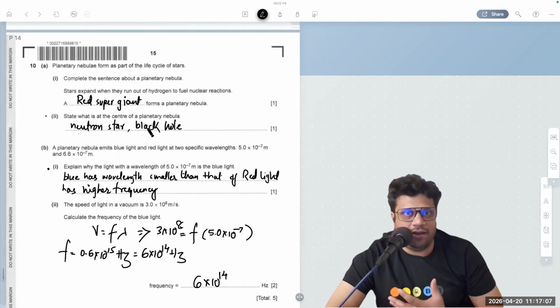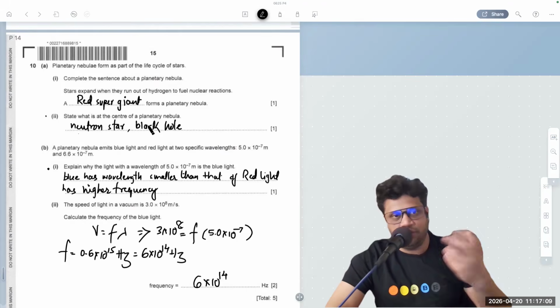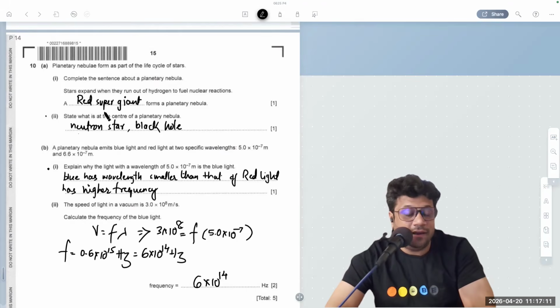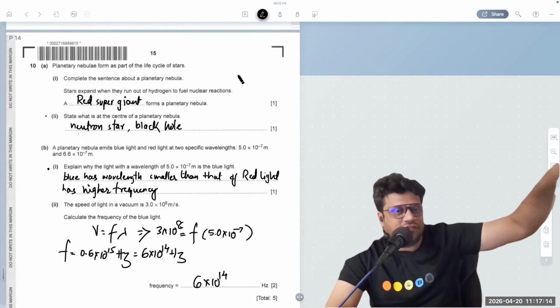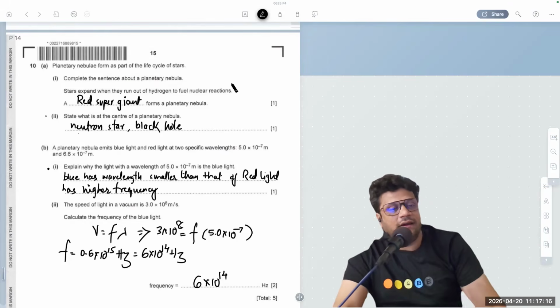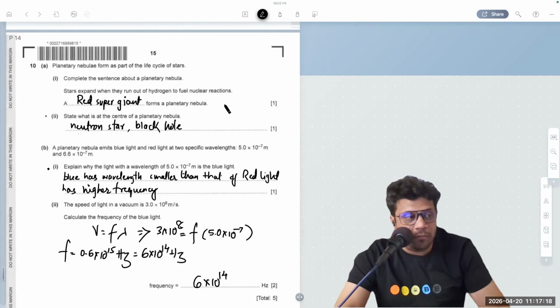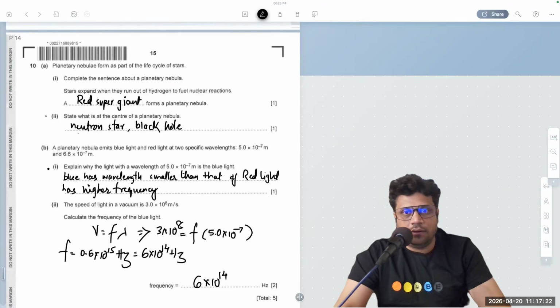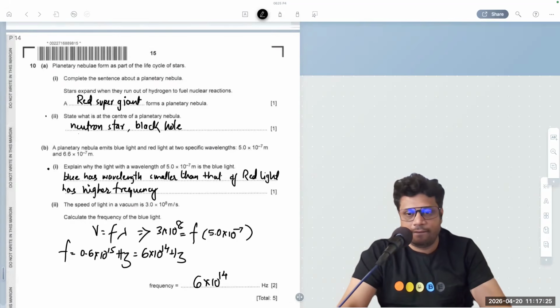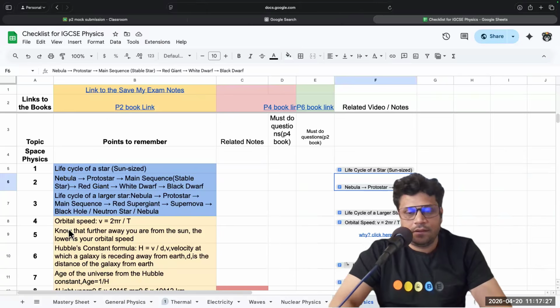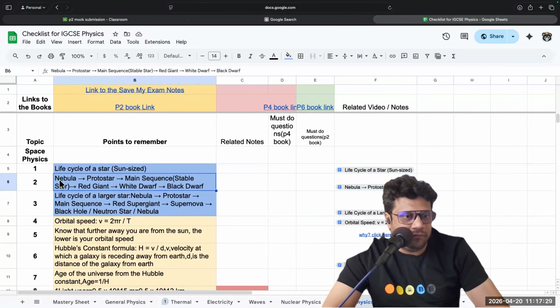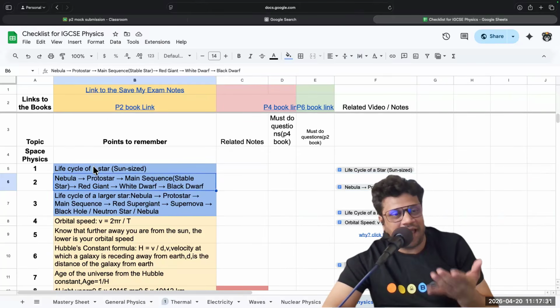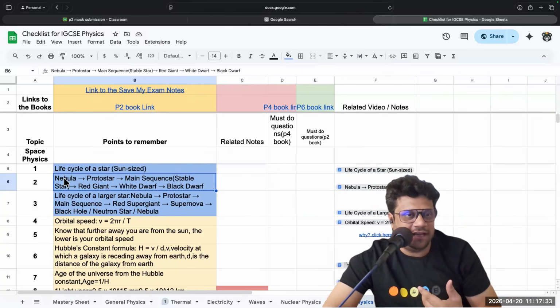Although we have it on the checklist, the Google Sheet I've mentioned, the thing goes in a circle. So my explanation starts from the life cycle of a star that I have mentioned in the checklist, from a nebula to a black dwarf.